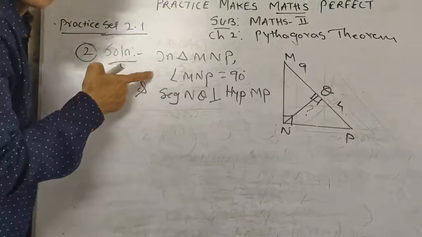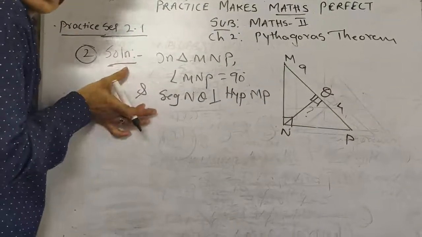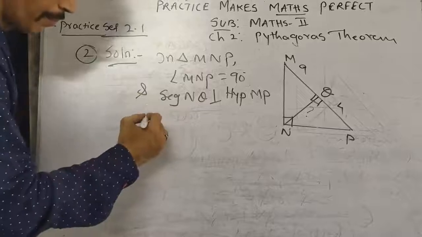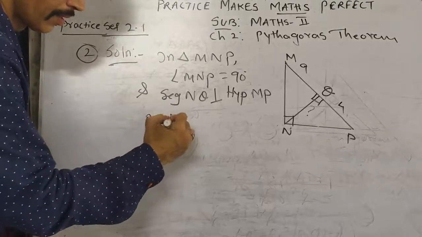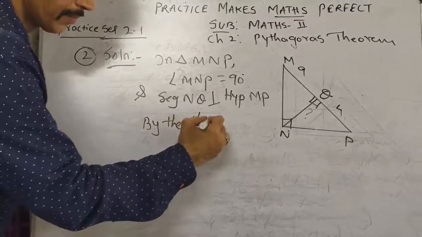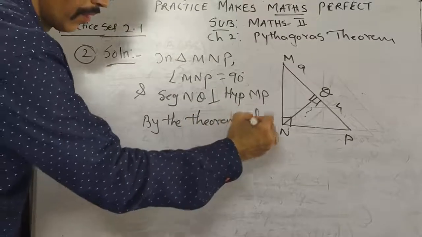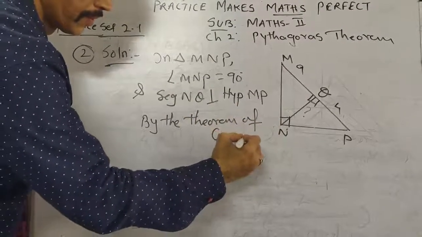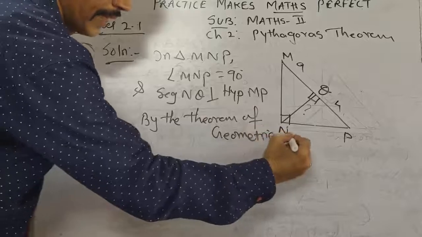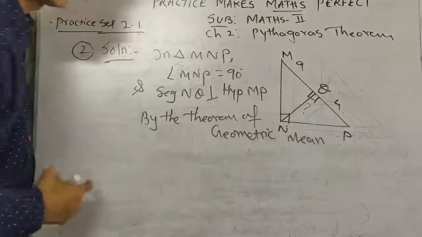This is given in the question. Just copy it down from the question. Now you can write, by the theorem of geometric mean.